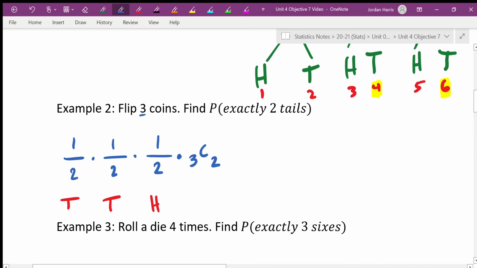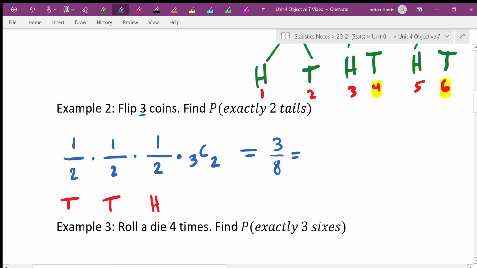3C2, the combinations. To type this in your calculator, you do 1 divided by 2 times 1 divided by 2 times 1 divided by 2 times 3, then use the nCr button, then 2, and then hit enter. And if you do it correctly, depending on your calculator, you'll get 3/8.